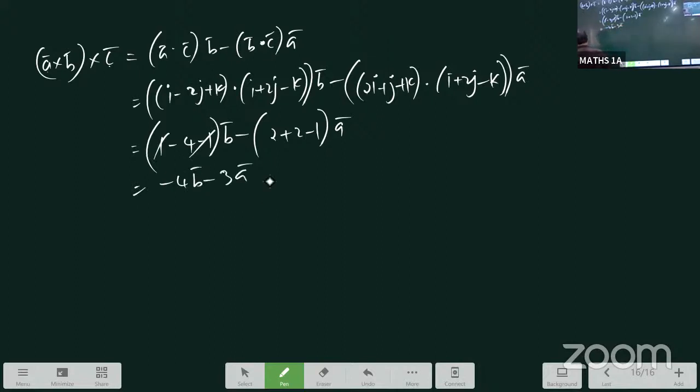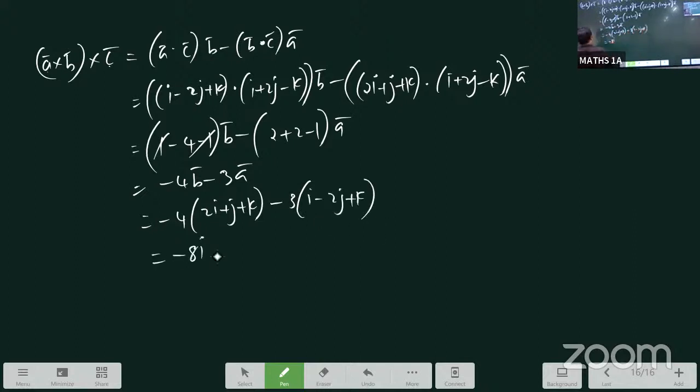Is it clear? That is nothing but minus 4 into, what is b bar? 2i plus j plus k, minus 3 into a bar, i minus 2j plus k. That is minus 8i minus 4j minus 4k minus 3i plus 6j minus 3k.